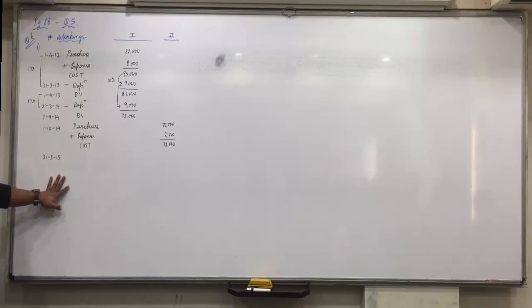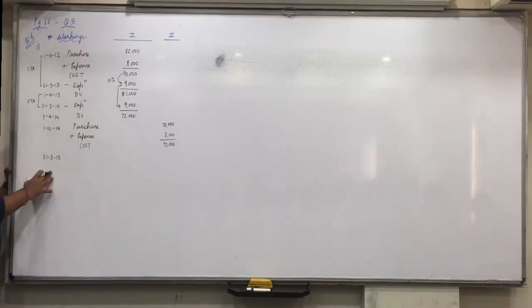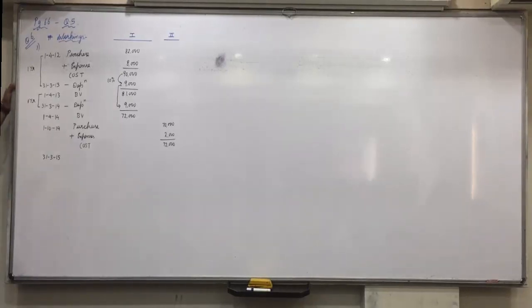Even the depreciation on assets which are not sold will be calculated because the date of sale is 31/3/15 itself. Suppose the date was 1/1/15, then we would count depreciation only on the asset which is sold. But here because the date is 31/3/15, we will count depreciation on both the assets, which is sold as well as unsold. Anyone having any confusion in this? All are clear with it?